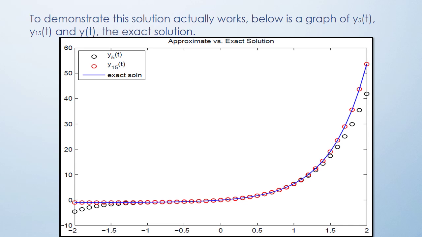Now this figure demonstrates the difference between approximate and exact solution. You can see here it is quite closer to exact solution. You can see the red circles here. These circles represent the approximate solution.